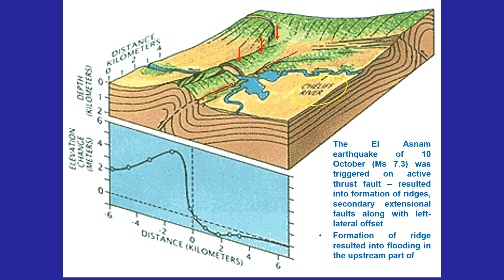So this is the deformation where, in section, you can see that it was a clear-cut folding which was observed during this Al Asnam earthquake, and there was a ponding here which was because of this uplift which blocked the channel for some time, but later the channel eroded the anticline.